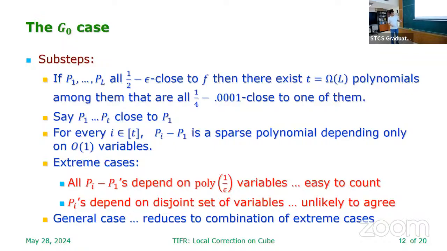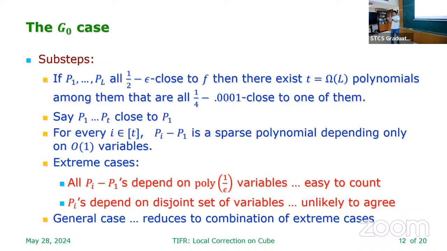And once you have this kind of lemma, you can basically say that most of this space actually consists of polynomials that are close to each other in some sense. And if that's the case, then they all have to be sparse, and then you start analyzing what kind of sparsity they can have.